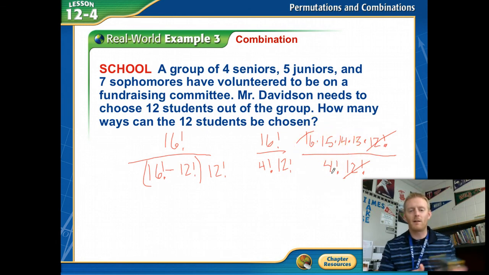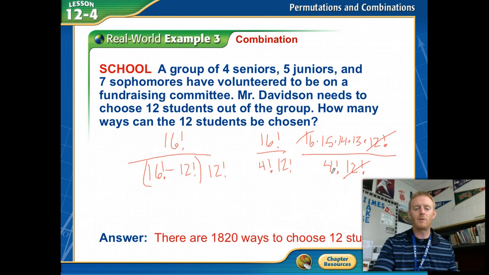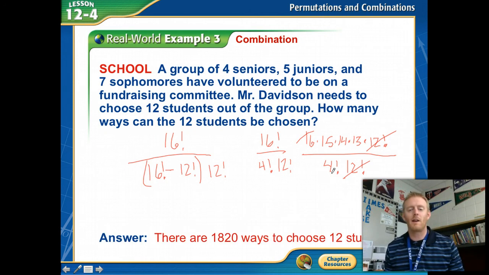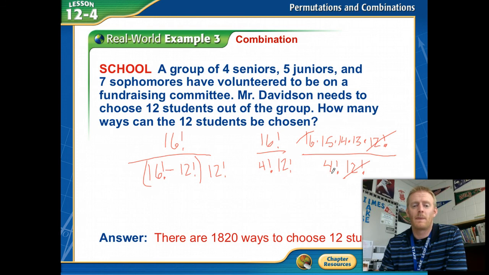So in my calculator I'm doing 16 times 15 times 14 times 13 in parentheses, and then I'm going to divide that number by 4 times 3 times 2 times 1, and I get my beautiful answer of 1,820.